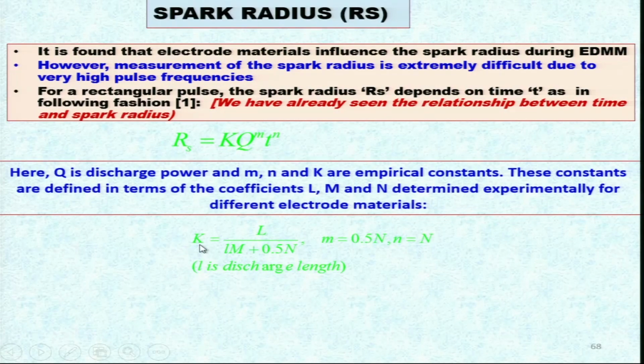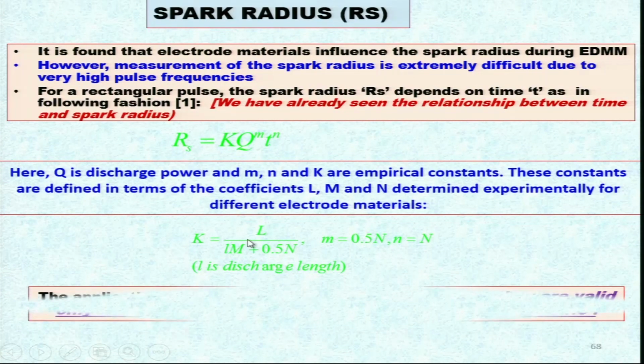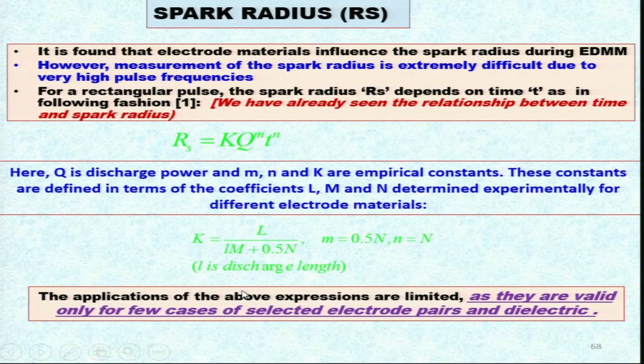K is equal to L capital over L m plus 0.5 n, where m is equal to 0.5 n and n is equal to N capital, and L is the discharge length, and this you have to determine experimentally. The applications of the above expressions are limited, as they are valid only for a few cases of selected electrode pairs and dielectric. That is very important.